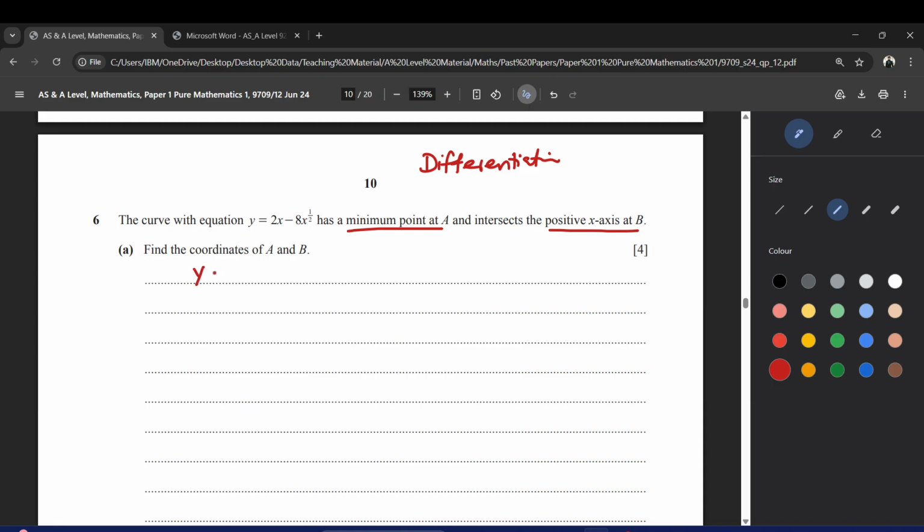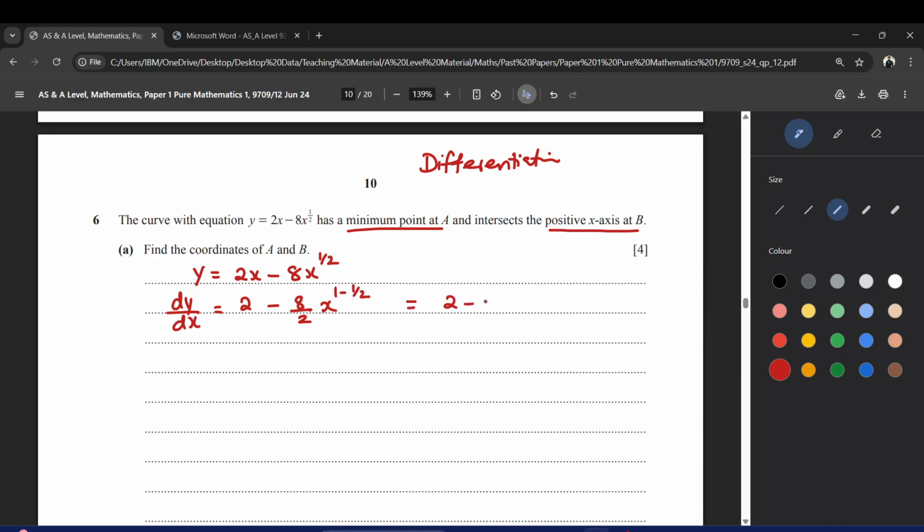Let me write down the equation: y equals 2x minus 8x to the power of half. If I differentiate this, I would get 2 minus half multiplied by 8, so that would be 8 upon 2, then you subtract 1 from the power, that would be 1 minus 1 upon 2.